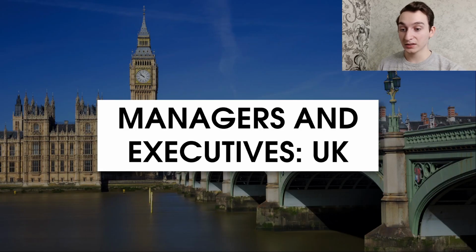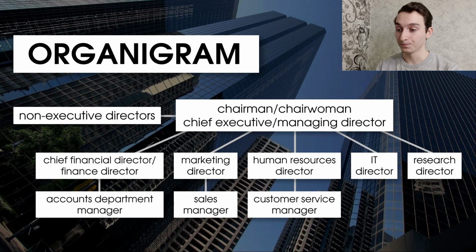Well, and let's talk about managers and executives of the United Kingdom. You can see this organigram, and on top of it we have non-executive directors, chairman or chairwoman, chief executive, and managing director. But why are these two squares separated from each other?